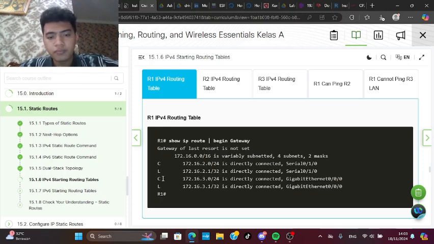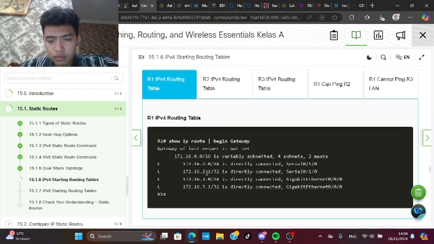As we can see, the network 172.16.2.0 is directly connected with interface serial 0/1/0.